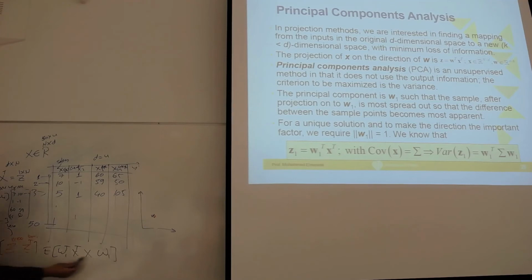W is a fixed number, so X is the one you can take the expectation of, because it is the random variable. So it is W1 transpose times the expected value of X transpose times X, times W1. The expected value of X transpose times X is the covariance of X, times W1. So this is the result that we have. This is the variance of Z1.